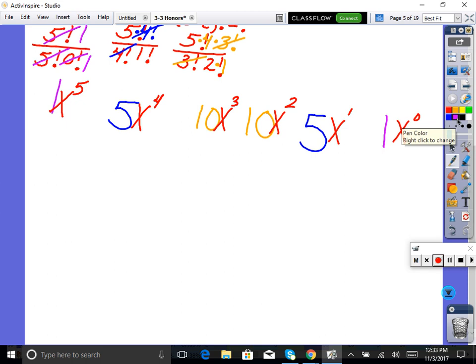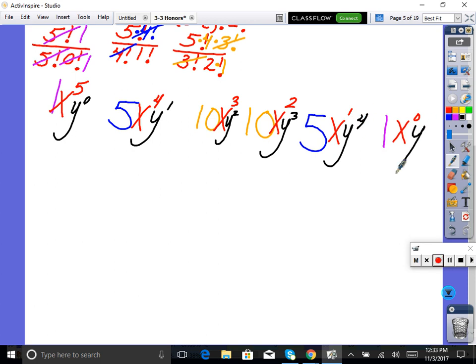And then your y will count up: y to the 0, y to the 1st, y to the 2nd, y to the 3rd, y to the 4th, y to the 5th. Just checking to make sure I've done this right. It was degree 5 that we're expanding, so all of your degrees should be degree 5. Are they? Okay, it's just a quick check to make sure I didn't accidentally mess up when putting those in. And now there's your final answer.